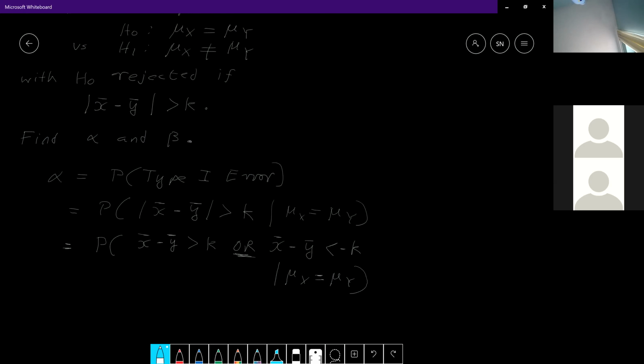So you have two different events, and they are mutually exclusive. So you can write this as the sum of two probabilities.